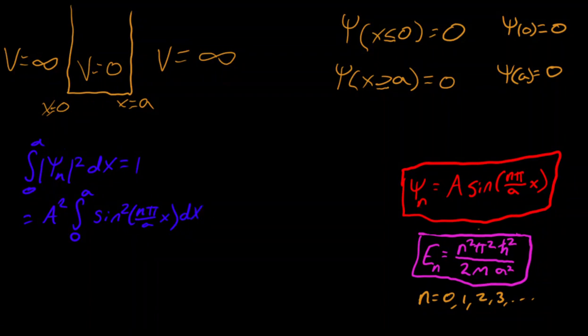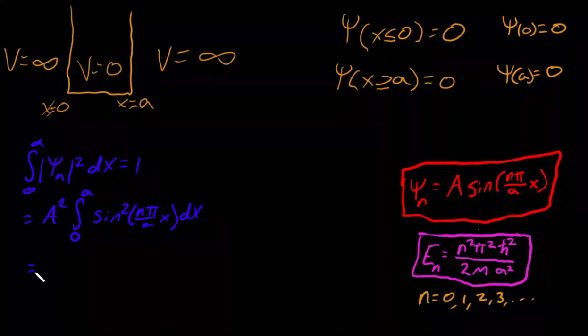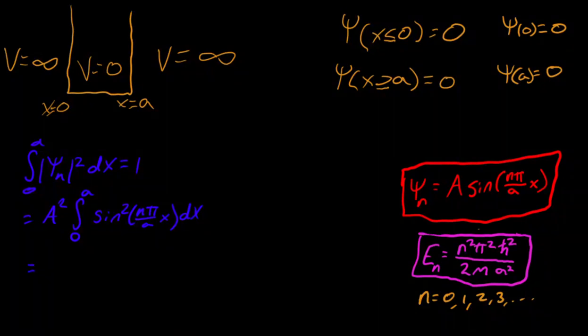Now, it turns out when you do that integral, you get something that does not depend on n. This is not a general case. In general, it could depend on n. But in this particular case, we get A squared times, and when we do this integral, we actually get little a over 2.